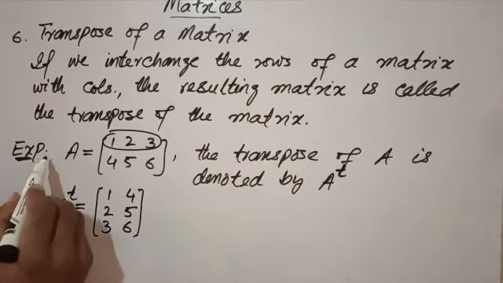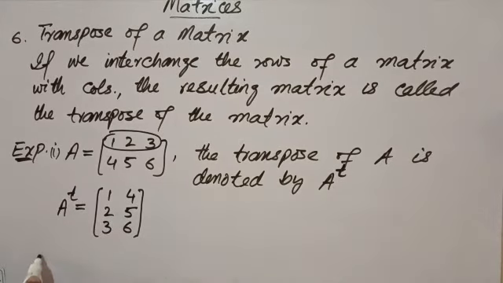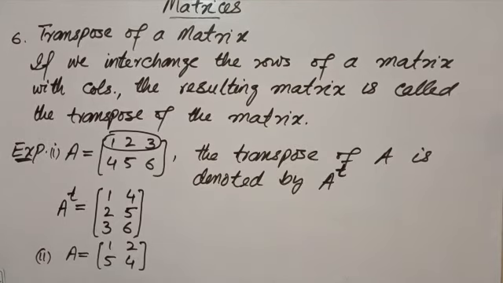If we consider another example, A is 1, 2, 5, 4, then its transpose is: first row becomes the first column and second row becomes the second column. Here in this case we see that the matrix is a square, so the resultant matrix is also a square matrix of the same order.